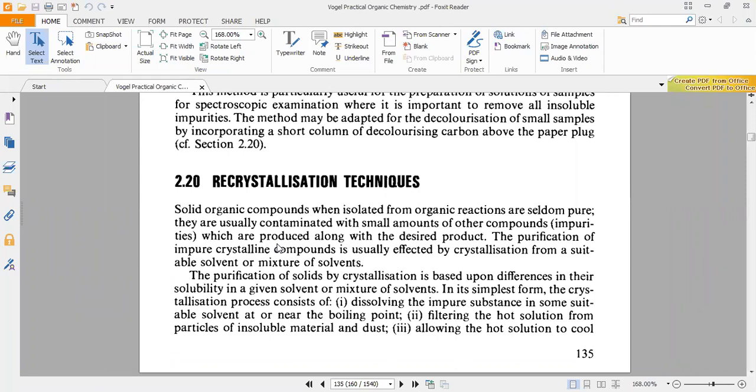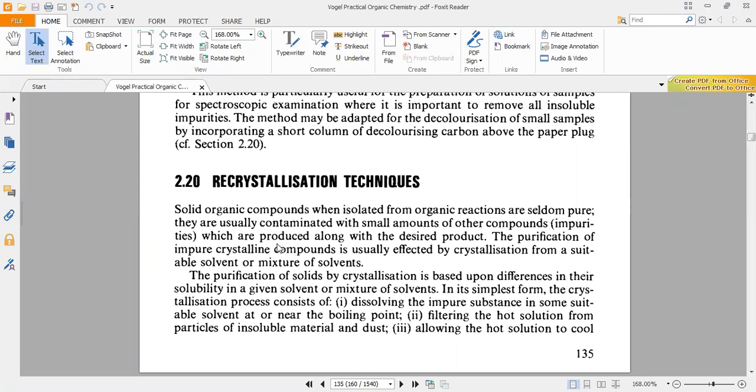It is also insoluble in that solvent, maybe in water. So if we have contaminations, a very small compound present is called an impurity. So we have a pure product contaminated with impurity.